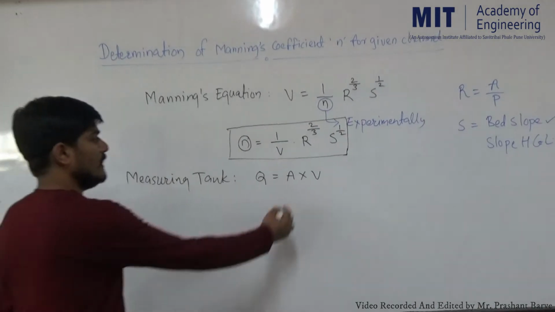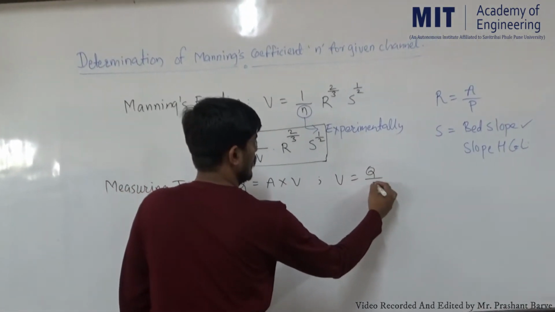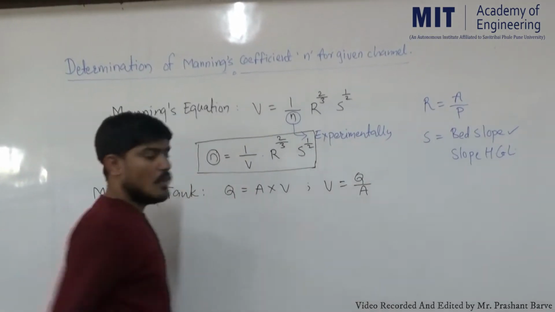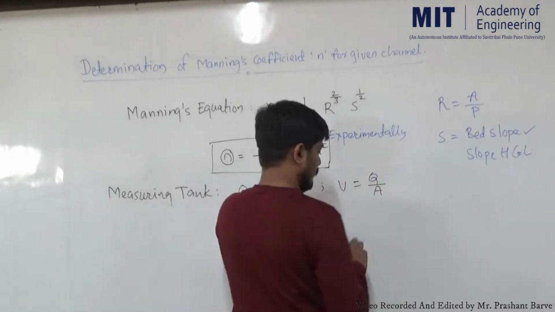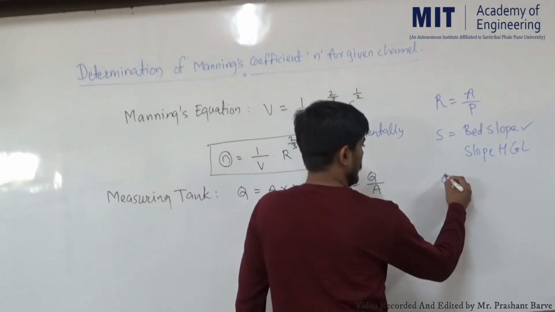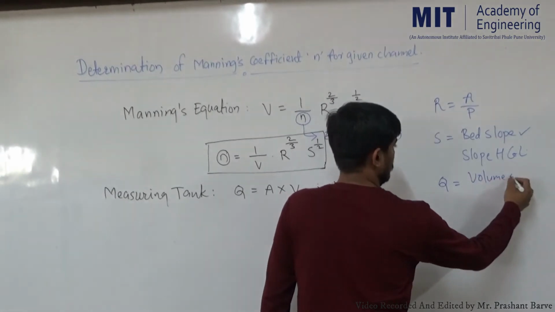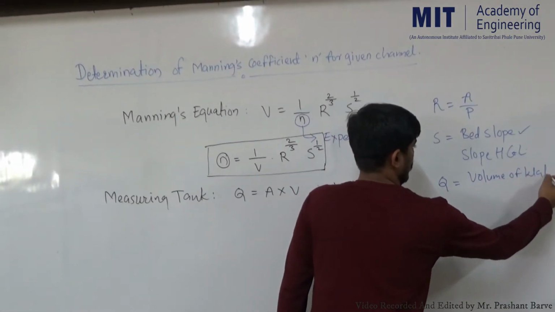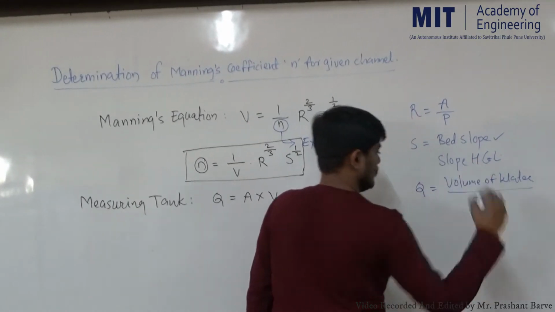From here I can rearrange the terms as V equals Q upon area. So how can I determine the discharge experimentally? Discharge is nothing but volume of water divided by time.